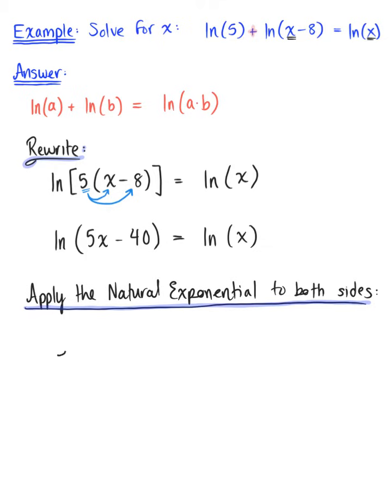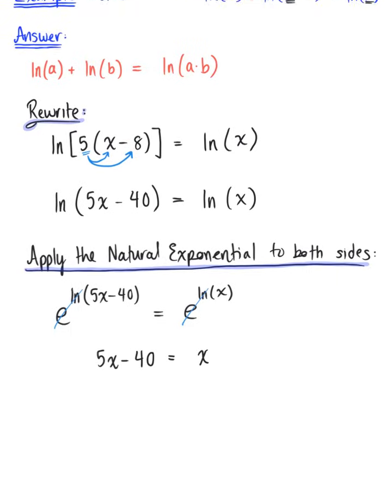So this will become the natural exponential raised to the natural logarithm of 5x minus 40 is equal to the natural exponential raised to the natural log of x. And now because the natural exponential and the natural logarithm are inverses of each other, they undo the effects of each other, leaving us with 5x minus 40 is equal to x.